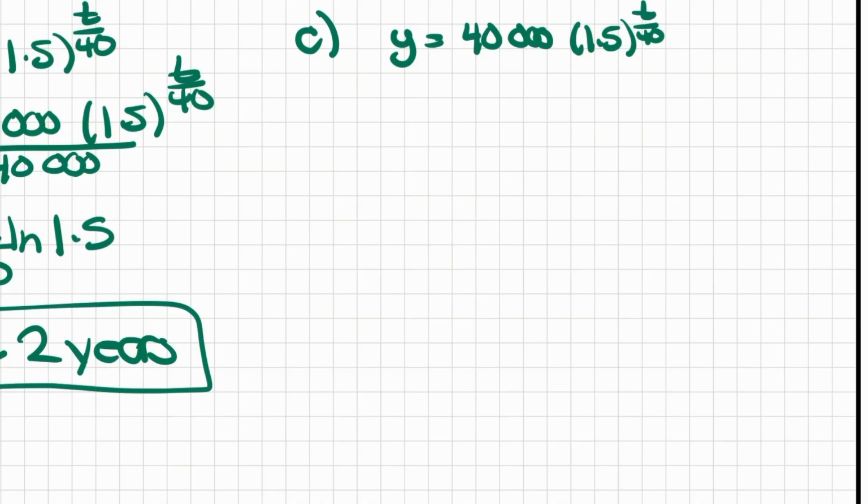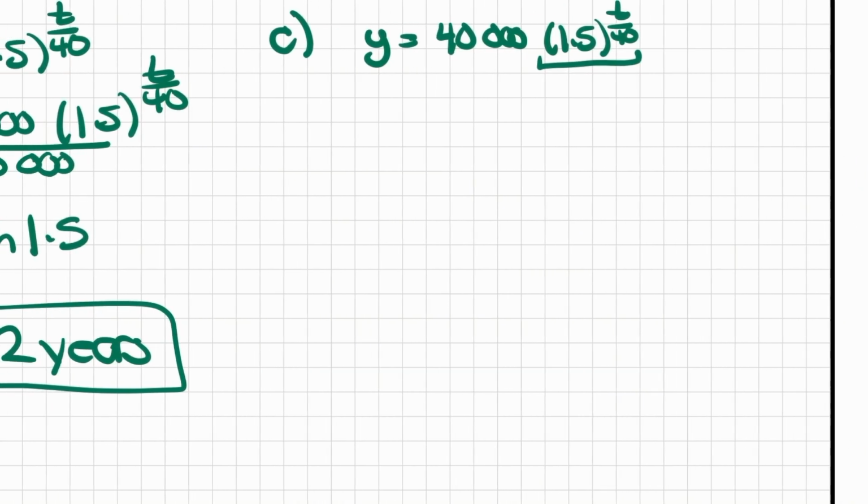Remember, to take the derivative of this, we're going to set this 1.5 to the t over 40 as a number to the power of u. In this case, it's not e to the power of u, it's actually just a value, so we're going to say that's b to the power of u. And we're going to use the power rule, so b to the u times the derivative of u times ln b.